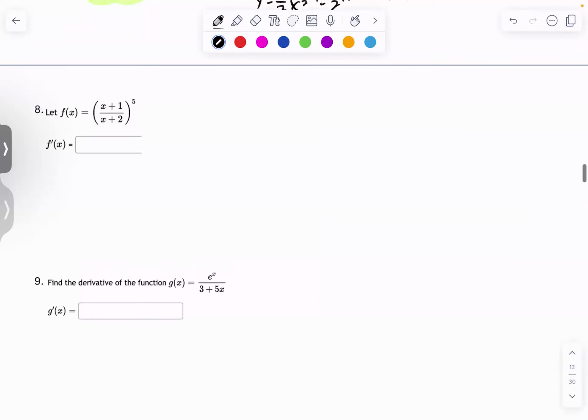So now we finally have some space to work with here. So we have f of x equals x plus 1 over x plus 2 raised to the 5th power. This is going to get really messy. All right, I'm going to start with the power rule. So f prime of x is going to be 5 times x plus 1 over x plus 2 raised to the 4th power.